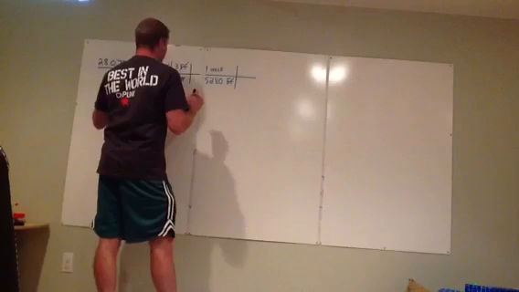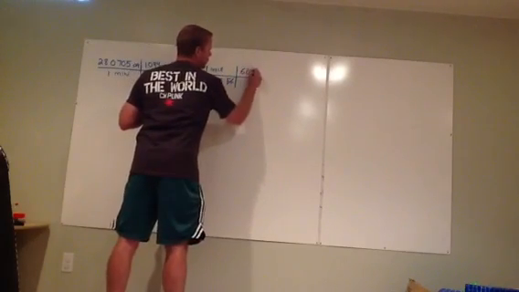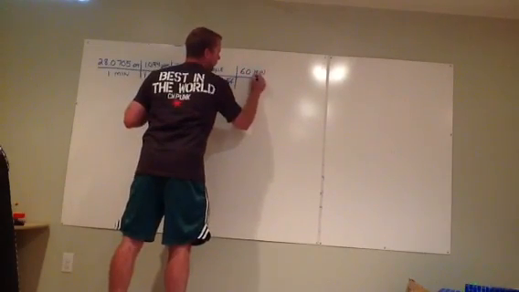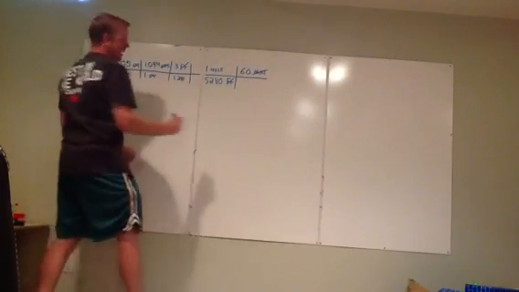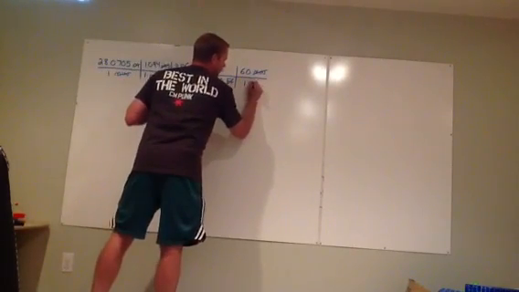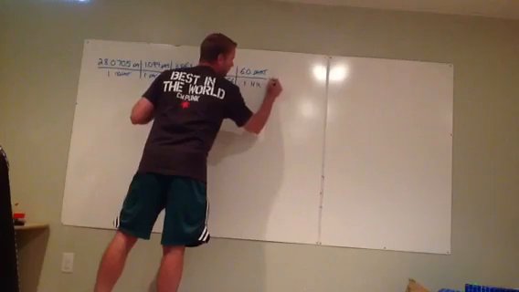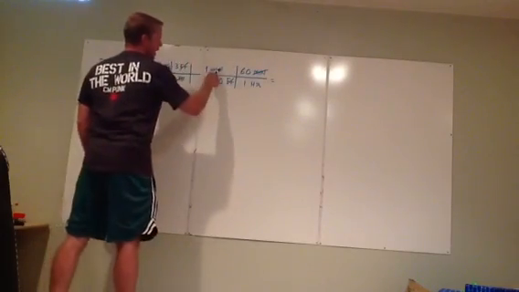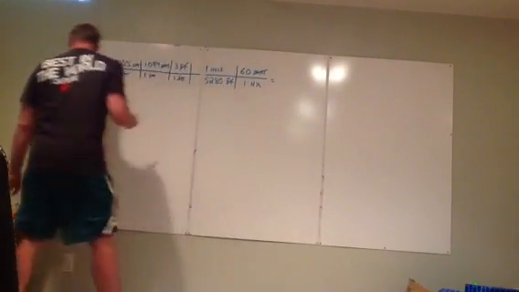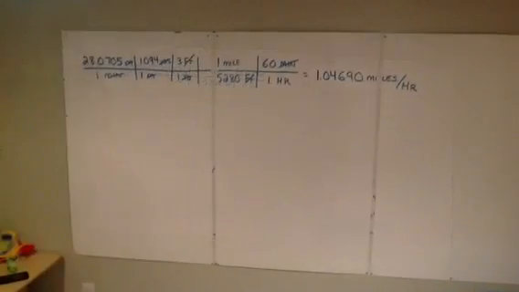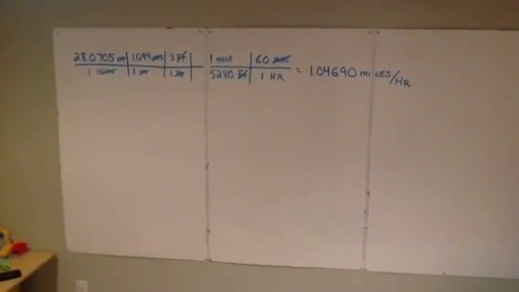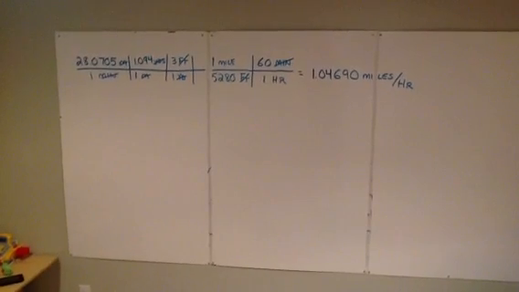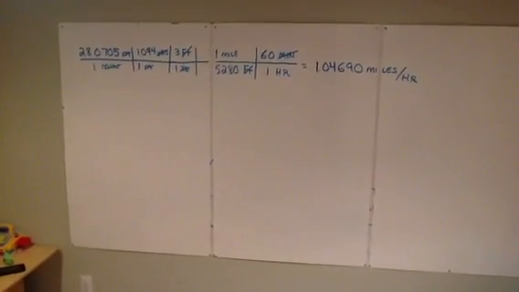So we put the minutes on the top because we want that minute on the top to cancel that minute on the bottom, and that's in 1 hour. So now we end up with miles per hour. Now we just do our math. You multiply the tops across, divided by the bottoms across: 1.04690 miles per hour, with 6 significant figures.